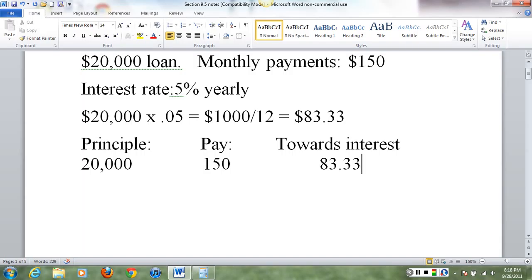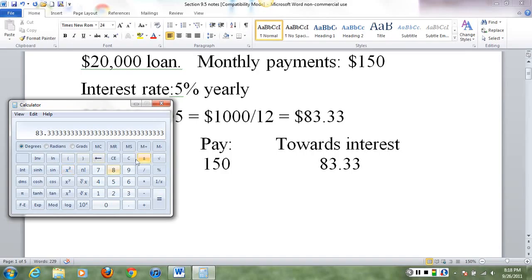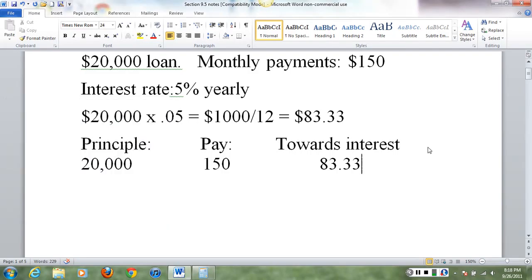Because again, whoever you're lending from has to get paid. So if you're not familiar, this means that of that $150, 83 goes towards interest, which means you have left over $66.67.